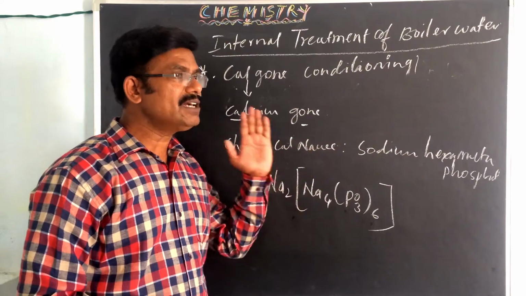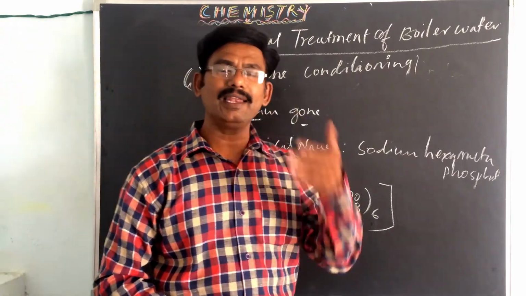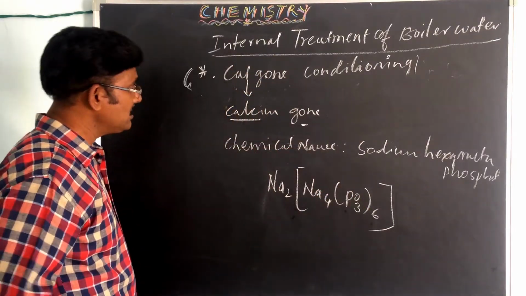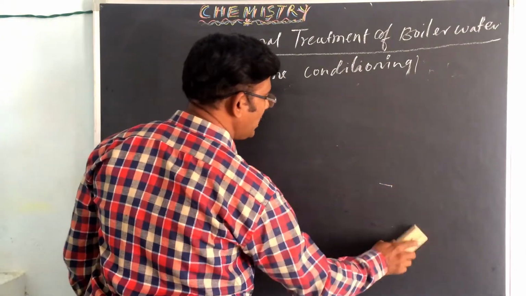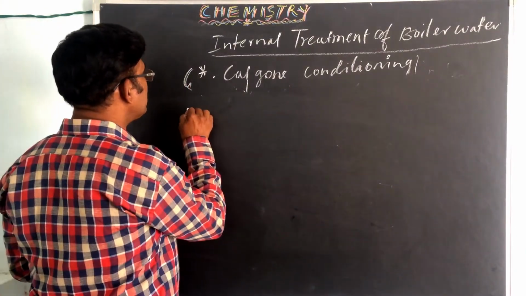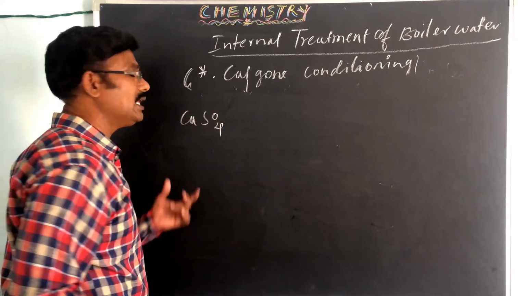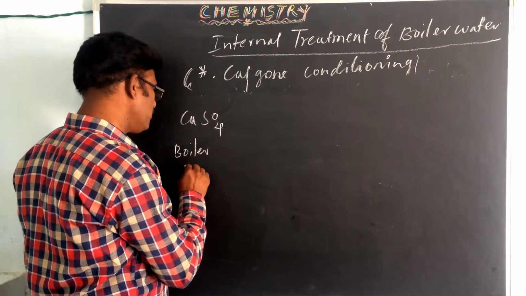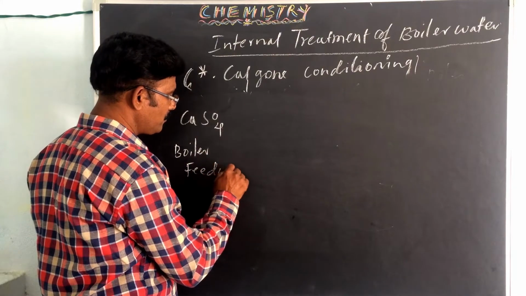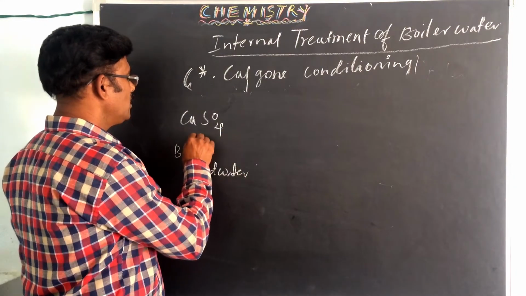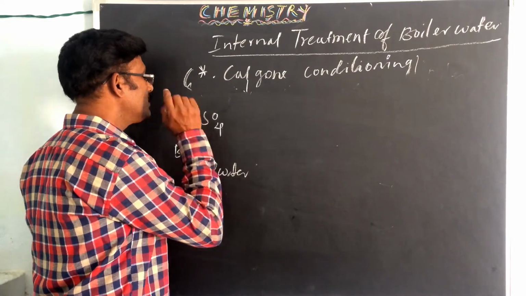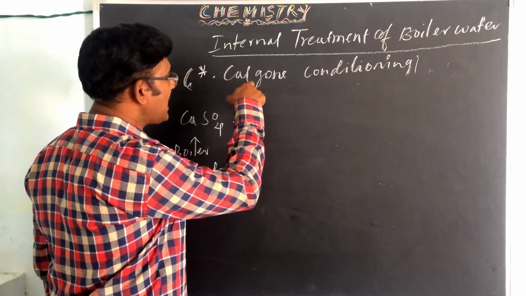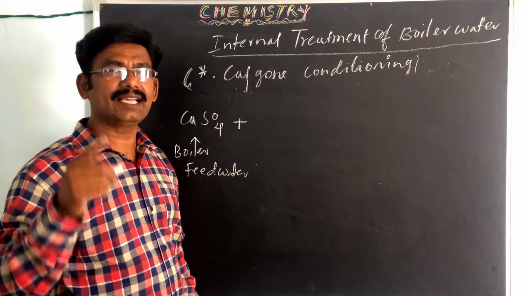If the boiler feed water contains calcium sulfate, CaSO4, or this scale forming salt, then we treat it with Calgon, that means sodium hexametaphosphate.